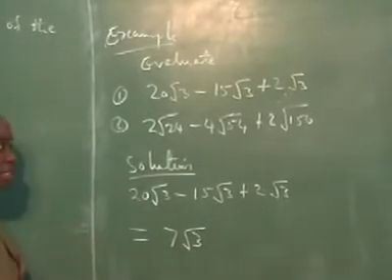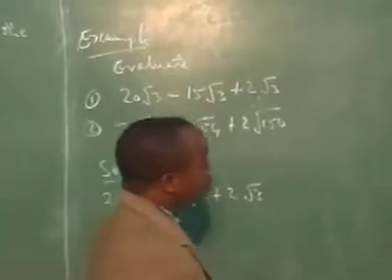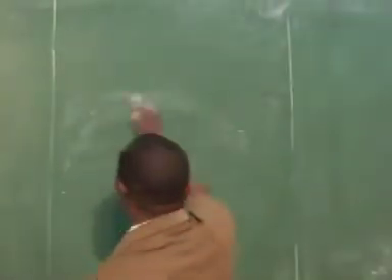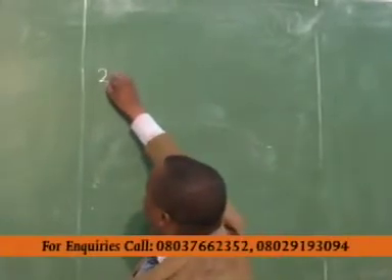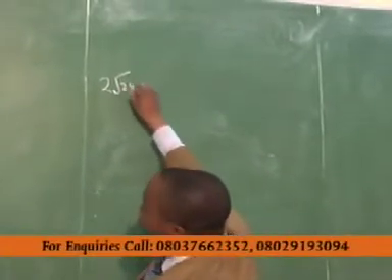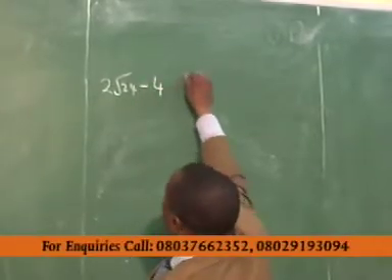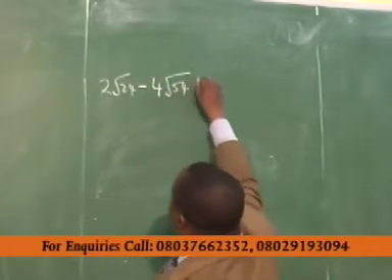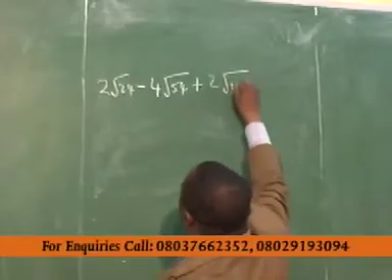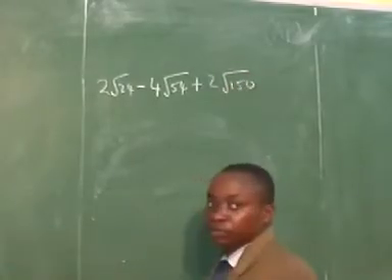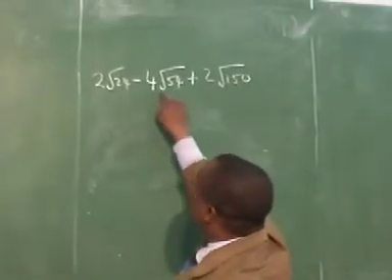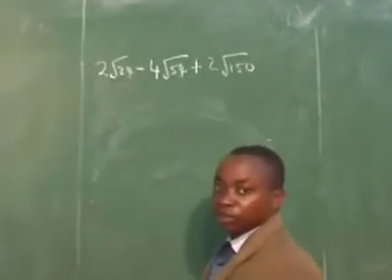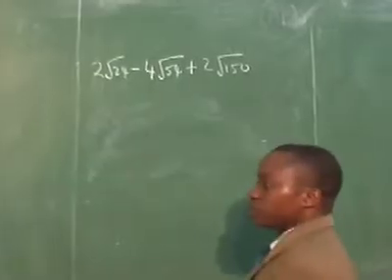So simple as that. Now let's look at number 2. We have 2 root 24 minus 4 root 54 plus 2 root 150. What we are going to do is to express these ones to be in similar sort. That is how we solve problems like this.